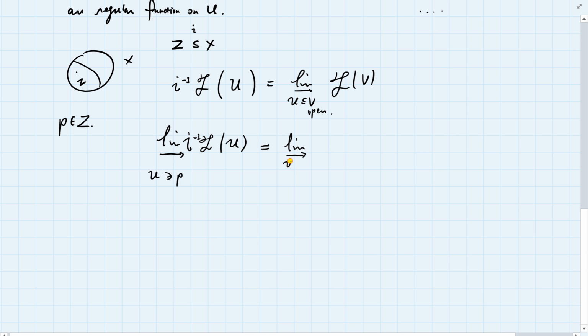And this is first an open of Z containing P, and then an open of X containing that open. So let's see, what is this?